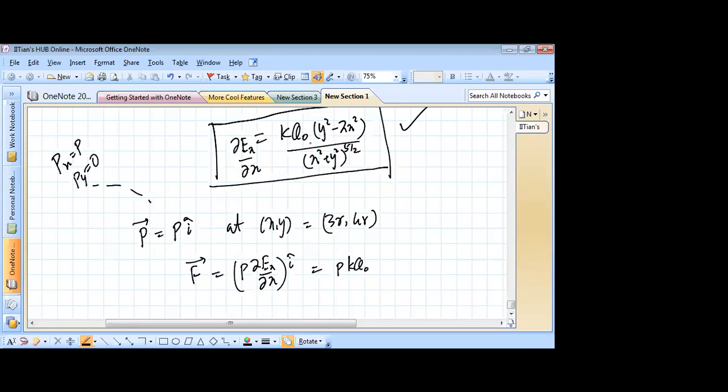This will become 16 minus 18, so minus 2 times r square divided by (5r) whole square to the power 5 by 2. This will be the net force.